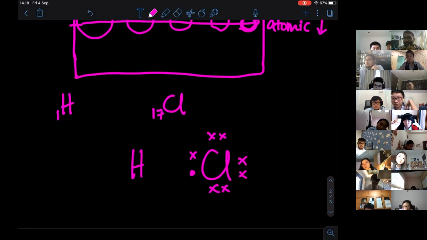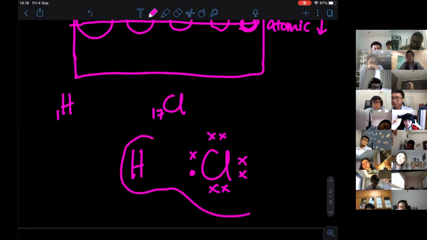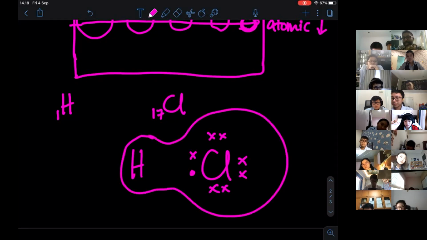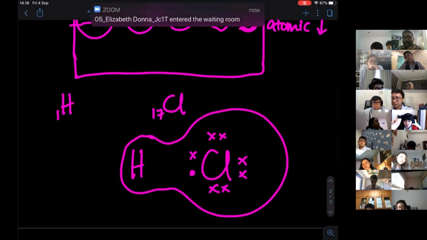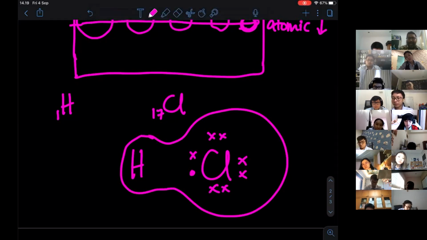It just tells me that they are not so symmetrical. When they are not so symmetrical, just imagine I put it as a molecule. It means there are more electrons. Where? Is it more electrons towards hydrogen, or more electrons towards chlorine?